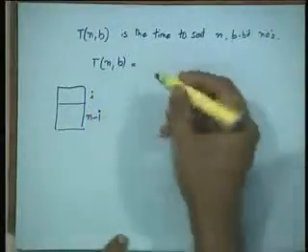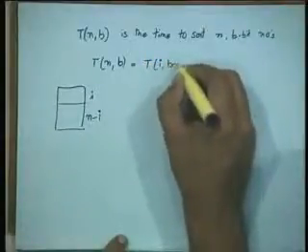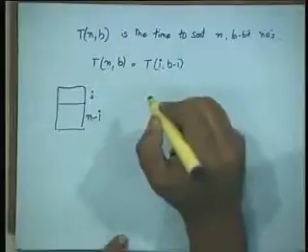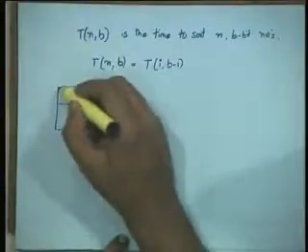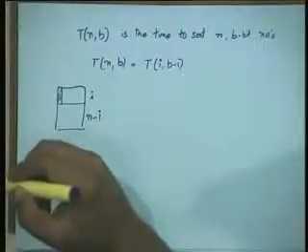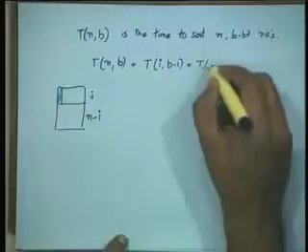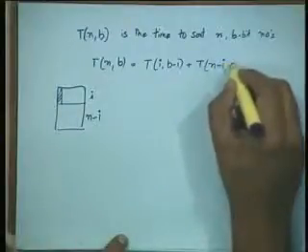Because we are going to do it recursively, it should be T of I comma b minus 1. That's important, the b minus 1. Why is it important? Because we are going to ignore the leftmost bit, because the leftmost bit is going to be the same for all of these numbers. And the time required to sort the other n minus I numbers is T of n minus I comma b minus 1.